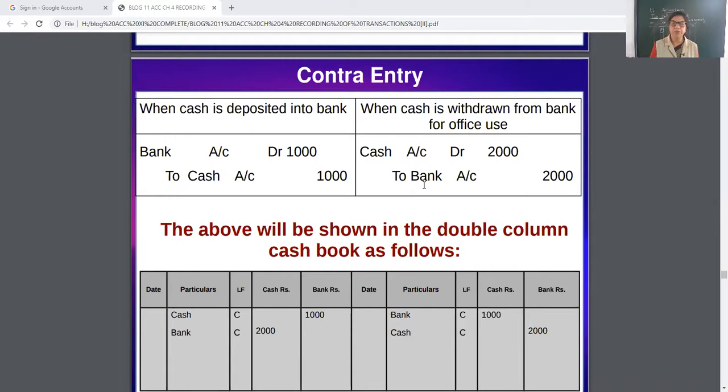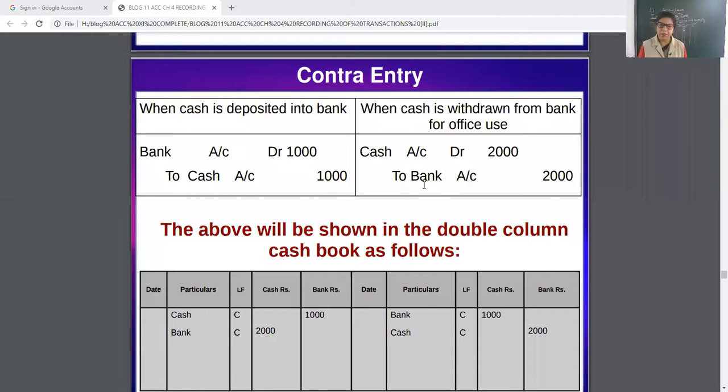Okay, children, please note down. Cash deposit into bank, then bank account debit, because bank is the receiver, cash is going out. And when cash is withdrawn from bank for office use, the bank balance is decreasing, but the cash balance is increasing, or we can say cash comes in.